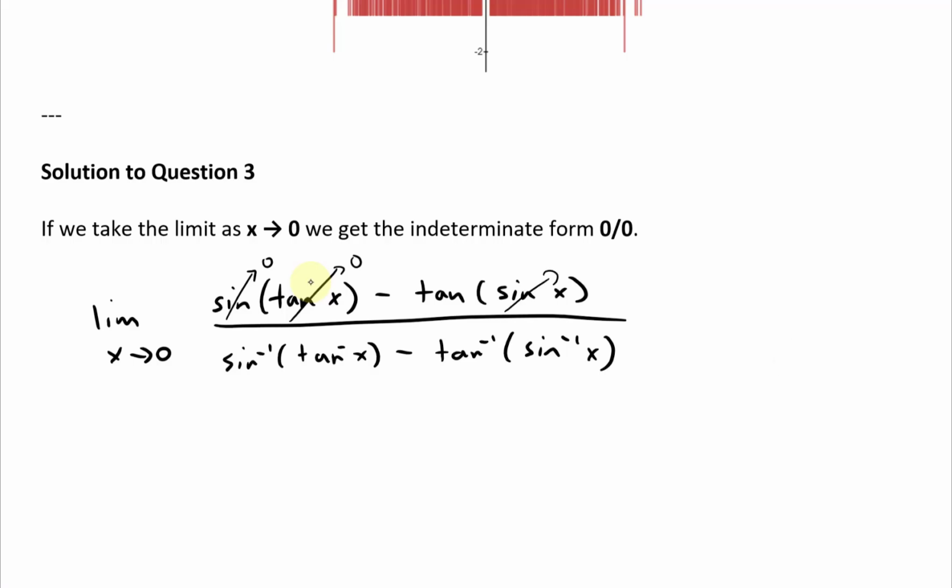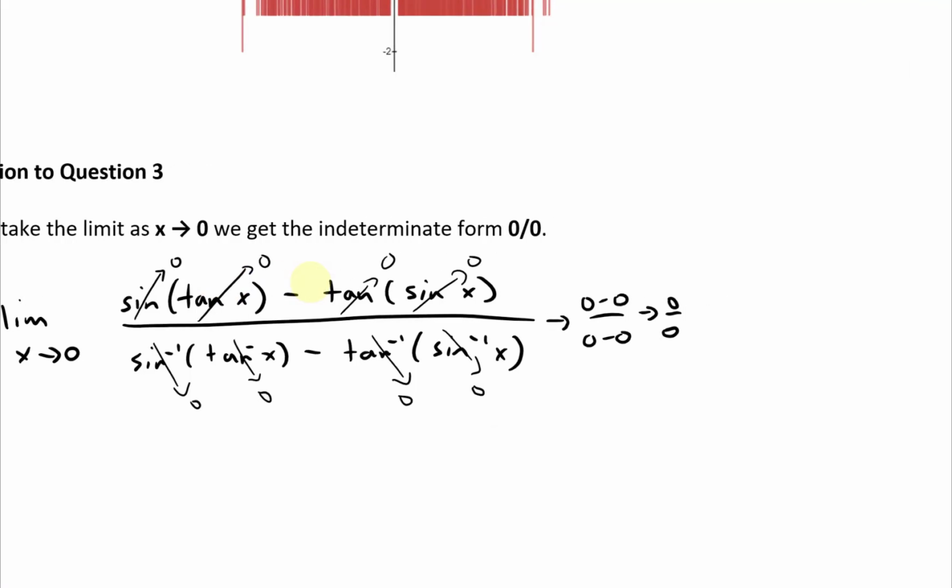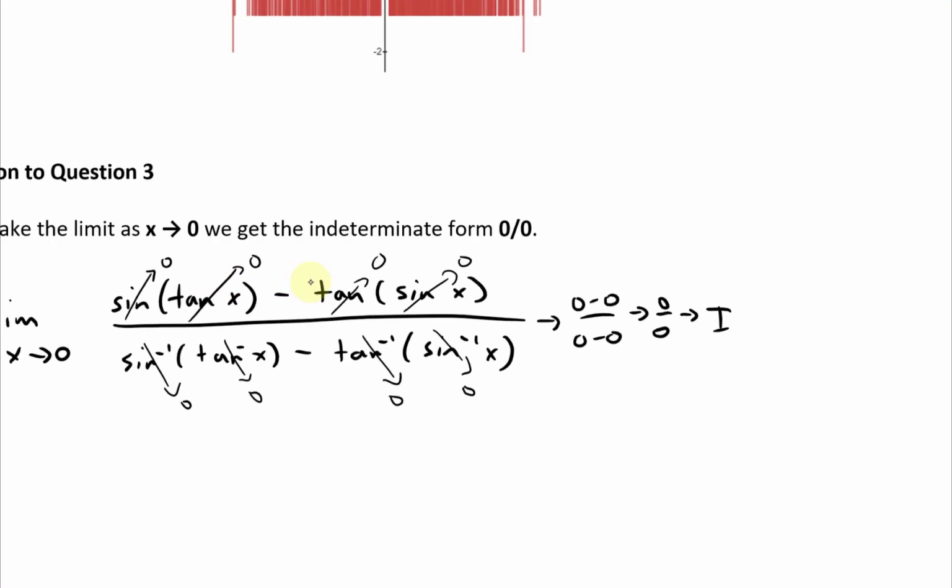This goes to 0, this goes to 0, so the outside is going to 0. We get 0 minus 0 over 0 minus 0, which goes to 0 over 0, and this is indeterminate.